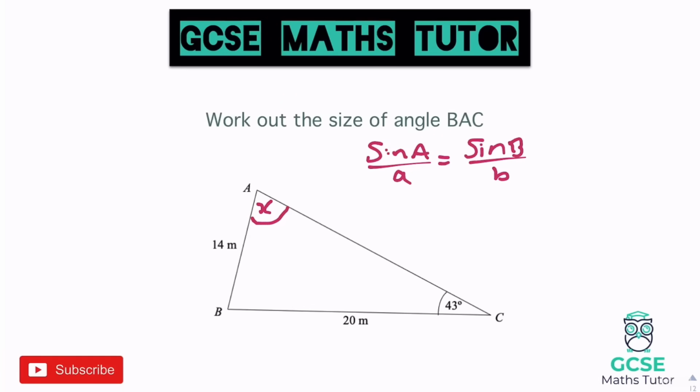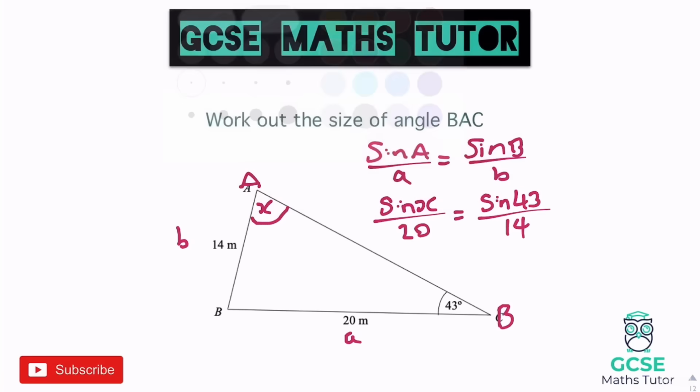So let's call this one A, as the A is next to it, that's fine. And again, I'm just going to write over this one, I'm just going to put B and B. Okay, just because of the way I've written my formula. So then sticking in all the numbers, what have we got? Sine A is sine X, so we have sine X over 20, equaling sine 43 over 14.